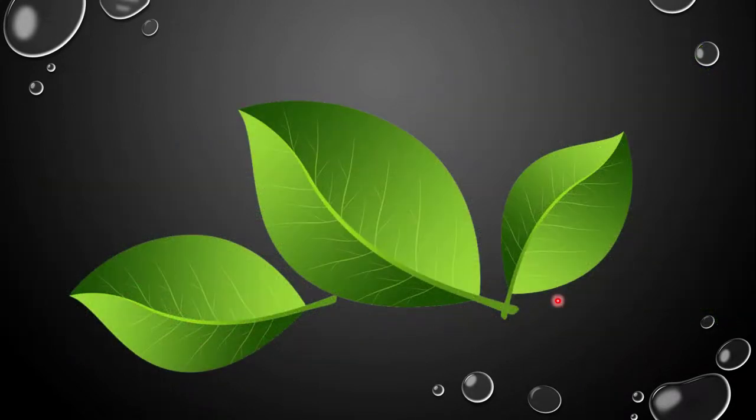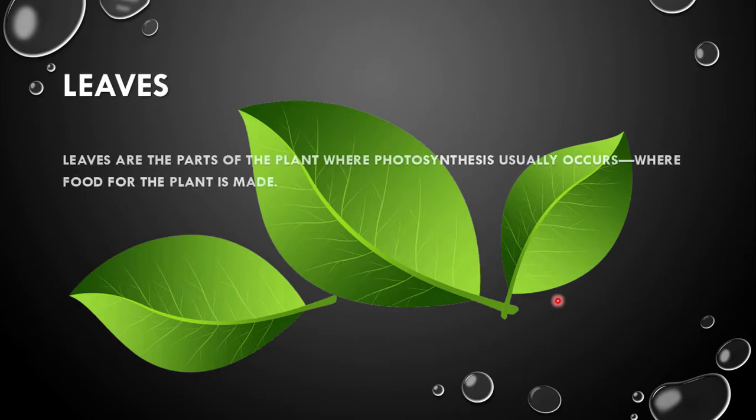Okay, now let's look at the functions of the leaves. Leaves are the part of the plant where photosynthesis usually occurs, where food for the plant is made. So the kitchen of the plant resides in the leaves of the plant. Photosynthesis is basically the preparation of plants' food.